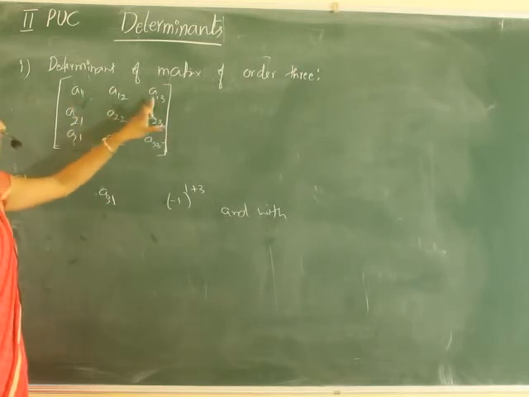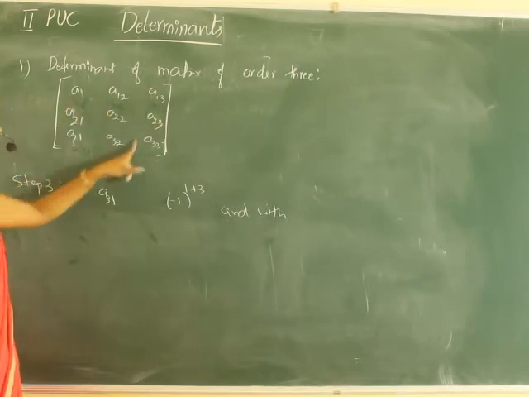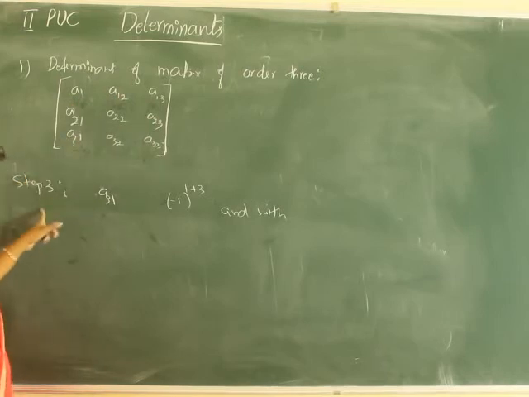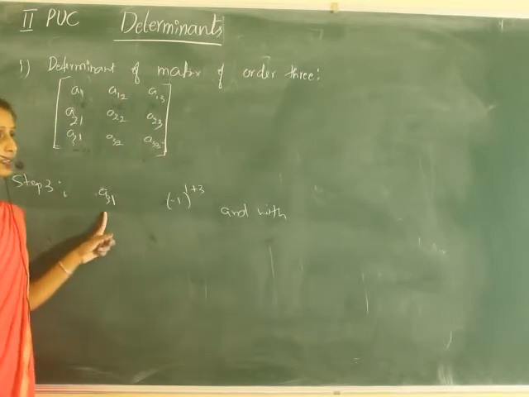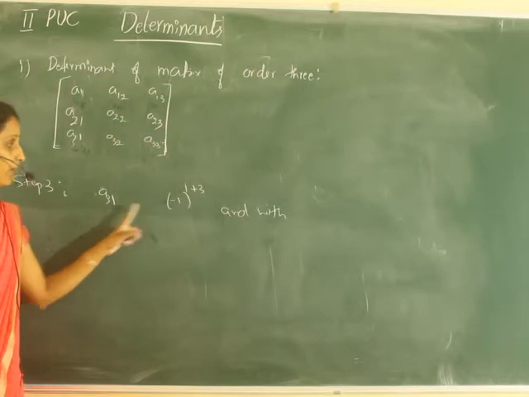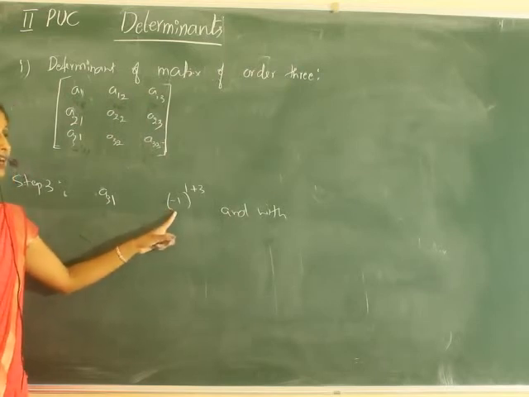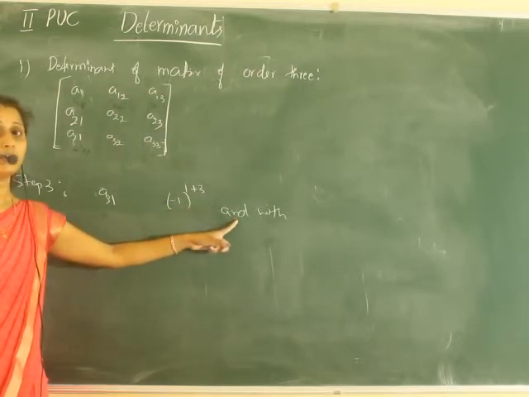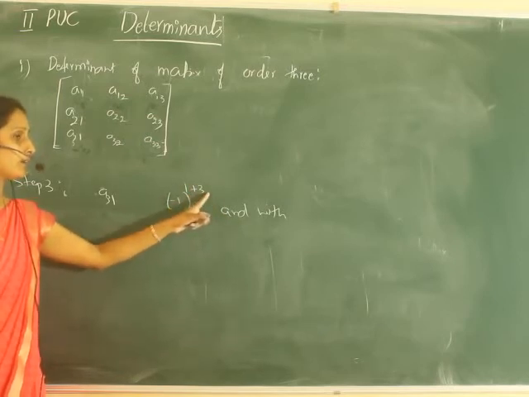So by deleting the first row and third column, we get only these elements. So step 3 is the element A31 multiplied by minus 1 to the power 1 plus 3 and with the second order determinant obtained by deleting first row and third column.